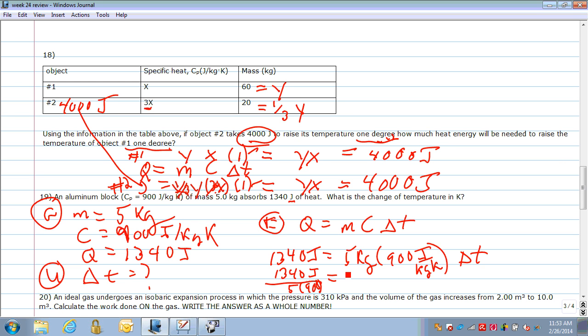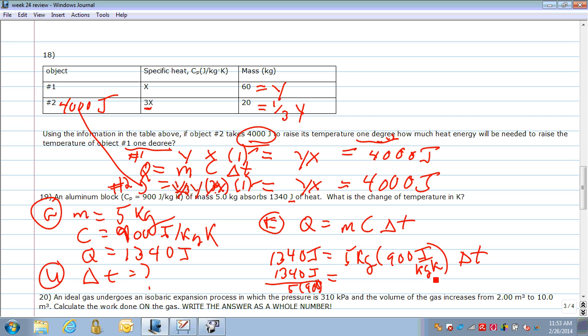And be careful the way you put that in the calculator. If you hit 1340, divide, and then put 5 in parentheses and 900 in parentheses, your answer will come out wrong. You have to put everything under the divide sign in one set of parentheses.